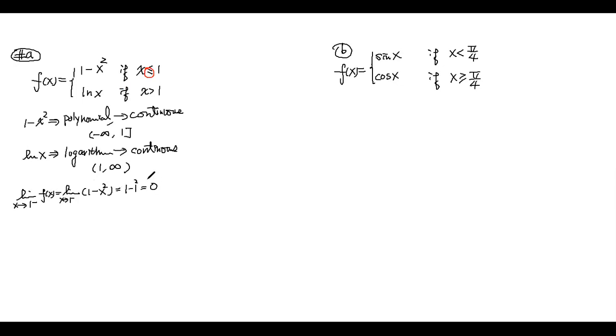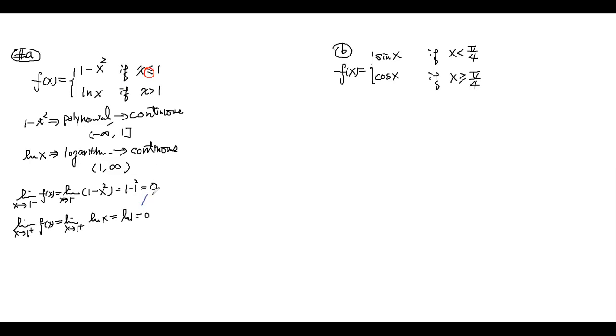So it's equal to what? It's equal to 0, right? Okay, now the limit as x approaches 1 from the right-hand side of f of x, so x is greater than 1, so we use the natural log x, so it's natural log 1. So what is here? Here is 0, very good.